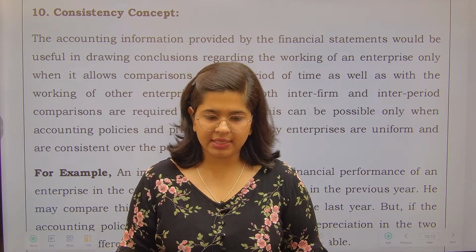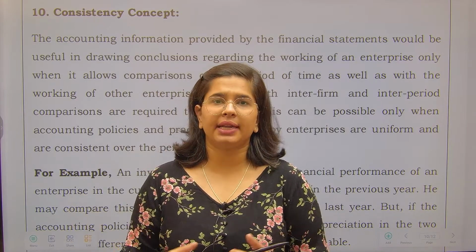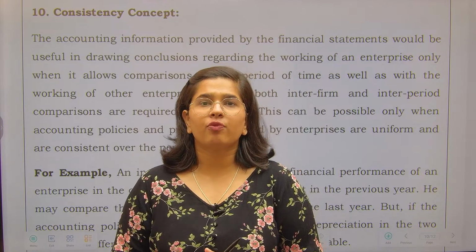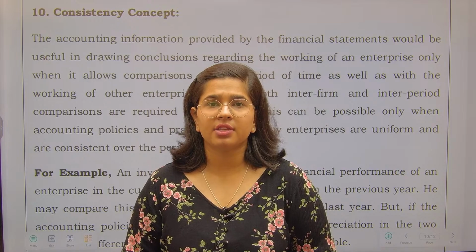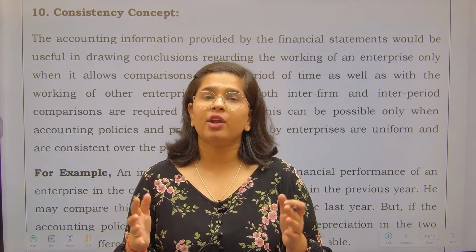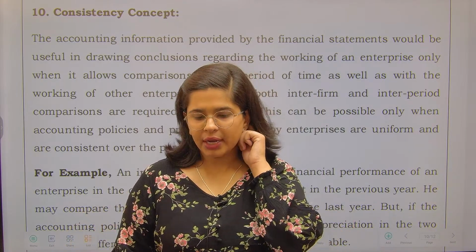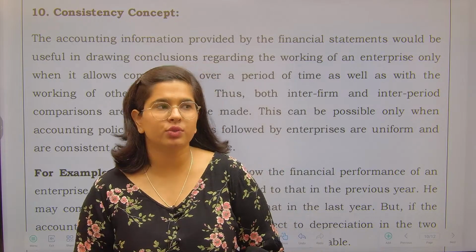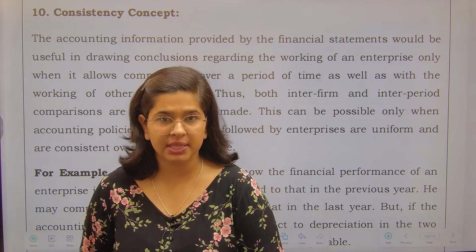Okay? If I take accounts of two competing businesses, let's say ITC and Britannia, both these entities are following Indian accounting standards. So their formats, their way of representation, it cannot be different. Now take depreciation, it depends on the kind of asset you are using. The Income Tax Act allows only written down value method of depreciation.